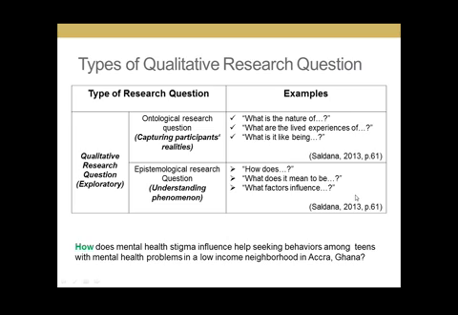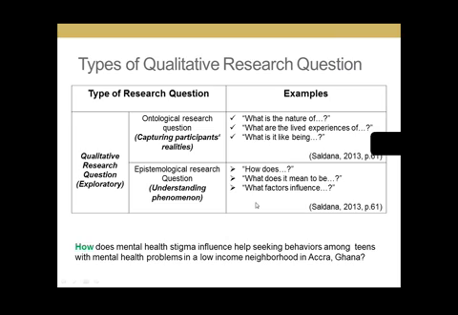epistemological research question? Yes, it is. I think all of you are getting it right. The reason why it's epistemological is that you want to really understand a phenomenon. You want to understand the causal relationship, how the mental health stigma influences health-seeking behavior among the teen.